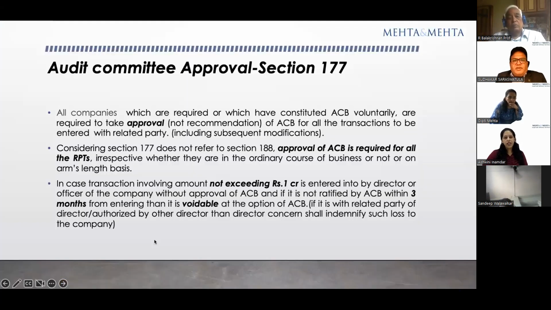So all companies which are required. Ashwini, it is asked that please explain if the audit committee doesn't approve, it shall make a recommendation to the board. Someone has asked to explain that.